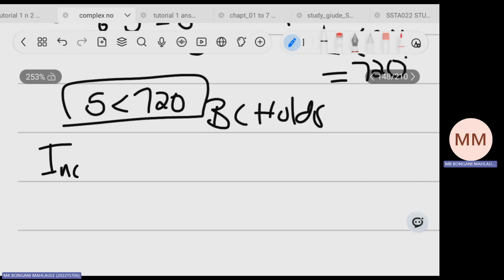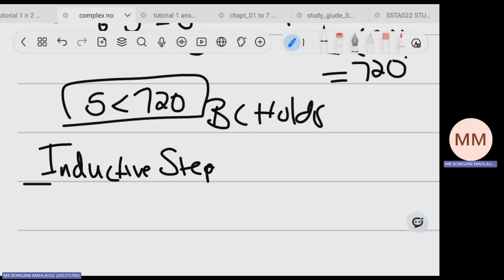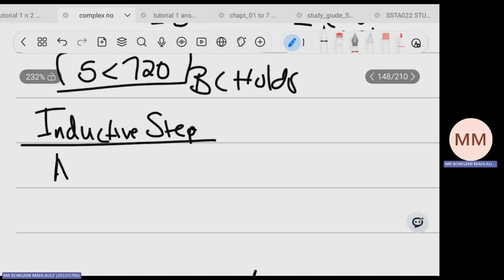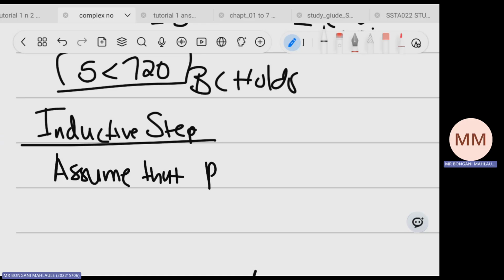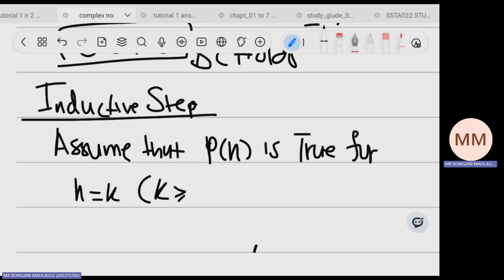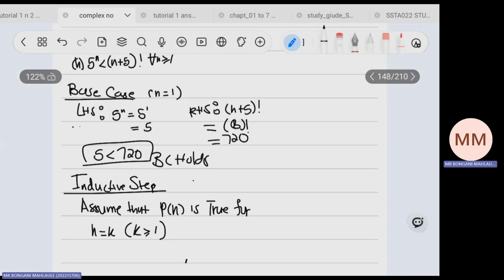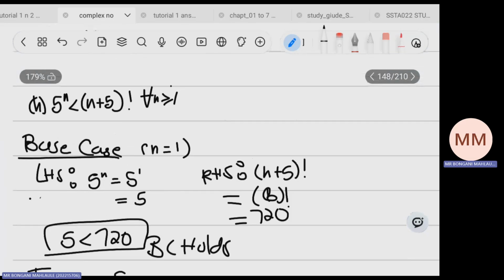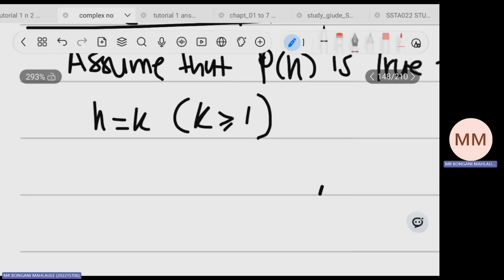Then I'll come to the inductive step. You can say assume that P of n is true for n equal to k, where k is greater or equal to 1, or starting at 1. This inequality is very important.